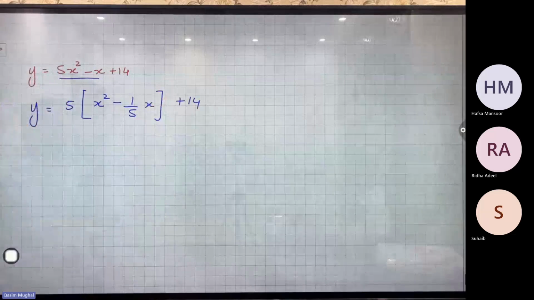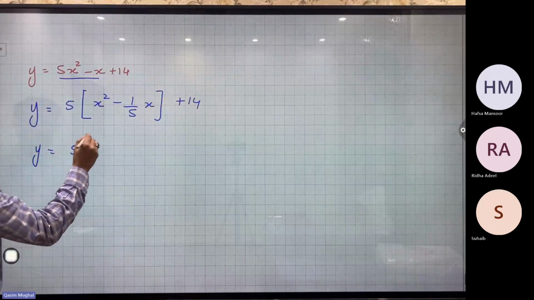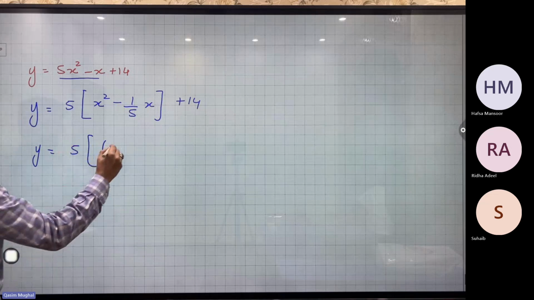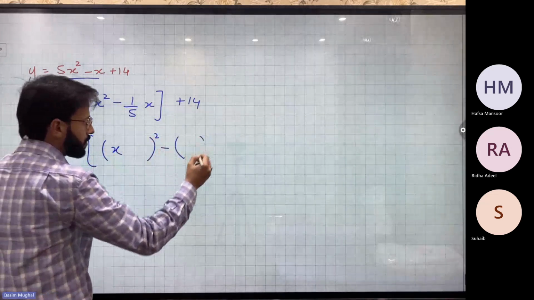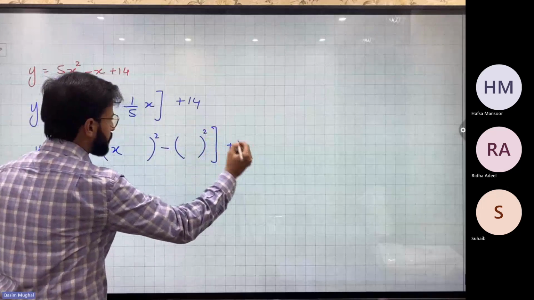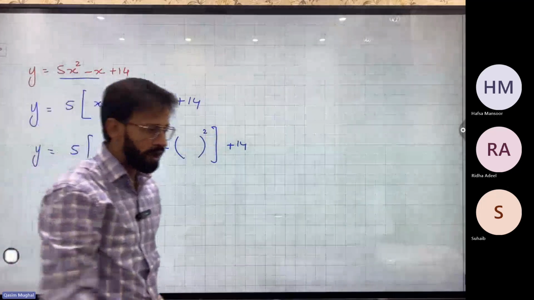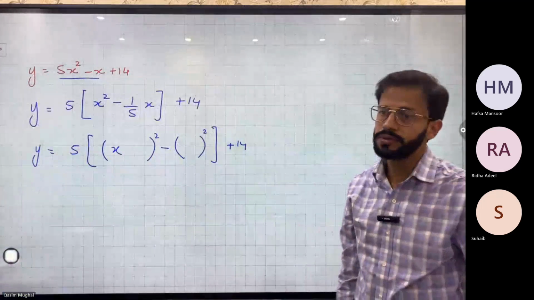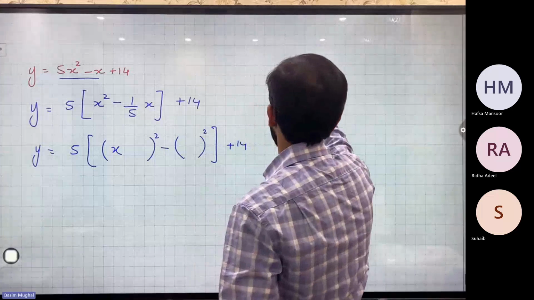अच्छा जी, तो ये हमने फर्स्ट टू टर्म्स में से कॉमन ले लिया। आगे वही प्रोसीजर अप्लाई करें। 5 ब्रैकेट ओपन x blank space whole squared minus blank space whole squared and then plus 14. कोफिशिएंट ऑफ x का हाफ, 1/5 का हाफ क्या होगा? शाबाश। देखिए भाई, 10 का हाफ क्या होता है?